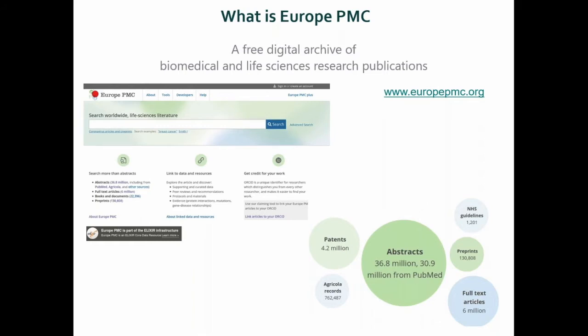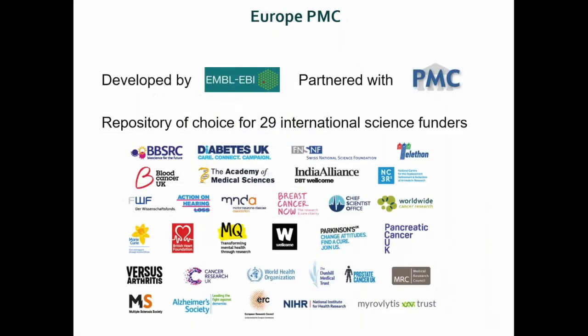It is mainly developed at the EBI and is a partner to PubMed Central, and it is also funded by 29 international funders who choose Europe PMC as their primary source for maintaining the articles.